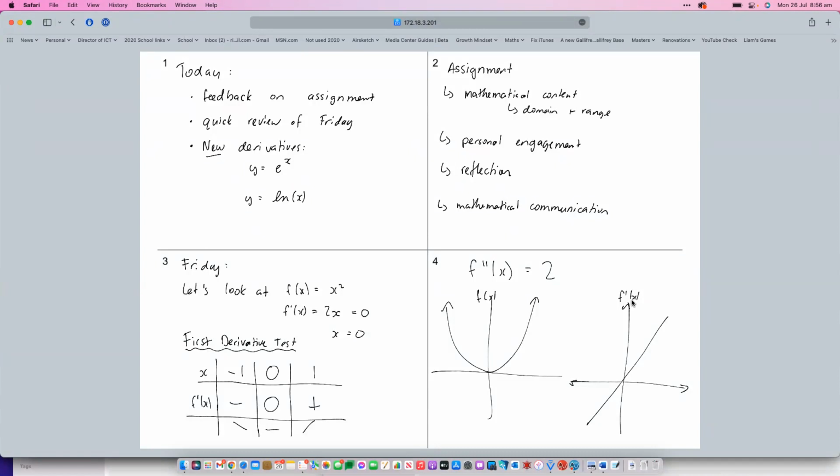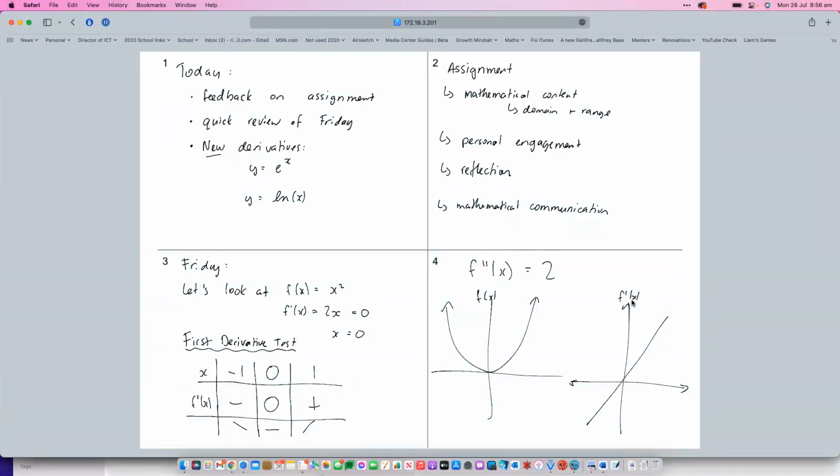Because we know that it's increasing and it has a 0 here, we can see that it goes from negative to positive. It's always going up. So when it gets to a 0, in this case it happens to be 0, it's going to go from negative to positive.